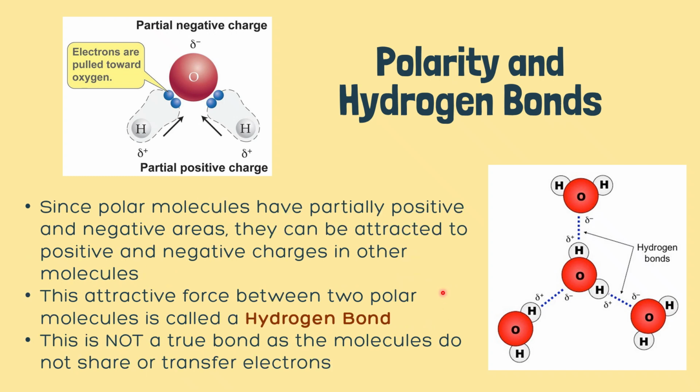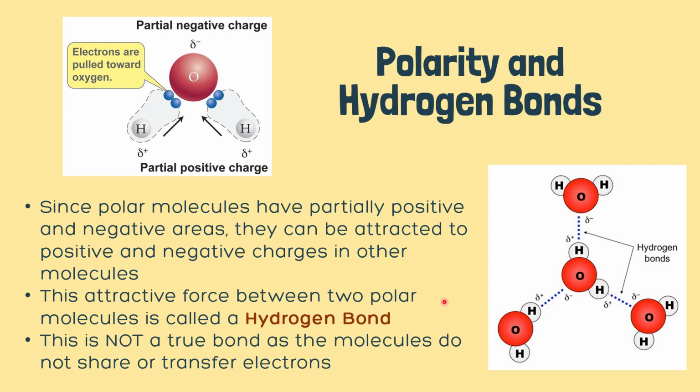So because they have partially negative and partially positive areas and positive and negative charges interact, these polar molecules can form an attractive force to each other. It's not a true bond. We call it a hydrogen bond, but it's more like an attractive force. Almost think of it like two magnets coming together. It is not a magnetic force, but you can almost think of it that way for how it behaves.